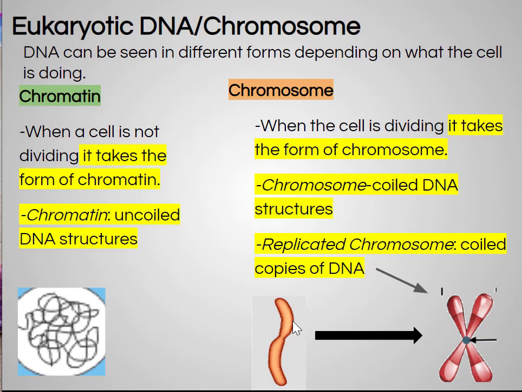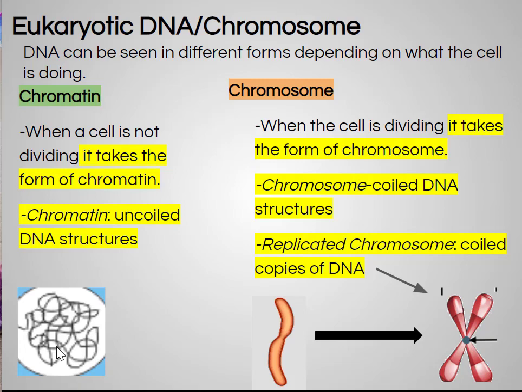So this is when a cell is just kind of hanging out and acting like, we'll say, a normal skin cell. If we look at the picture down here, chromatin is that uncoiled DNA structure. So it's kind of in that relaxed, loosey-goosey form. I think of chromatin and I think of the N in chromatin and think noodles, okay?